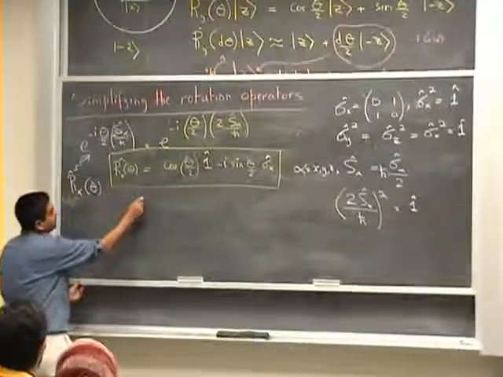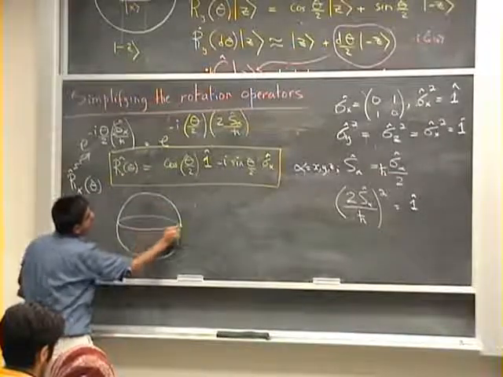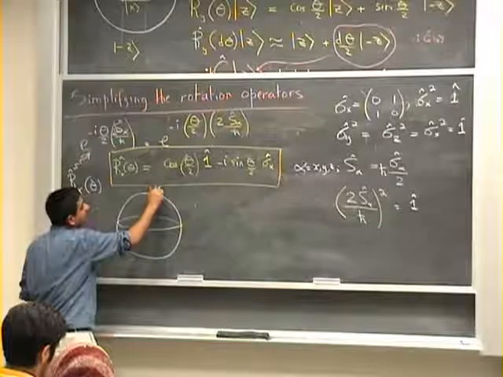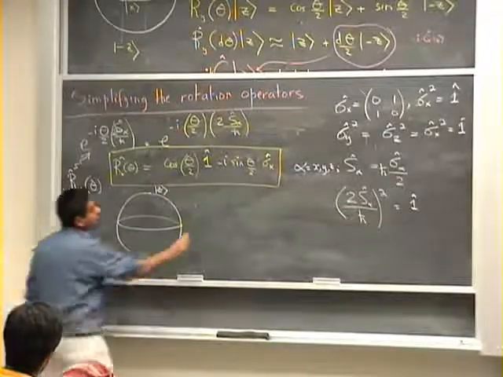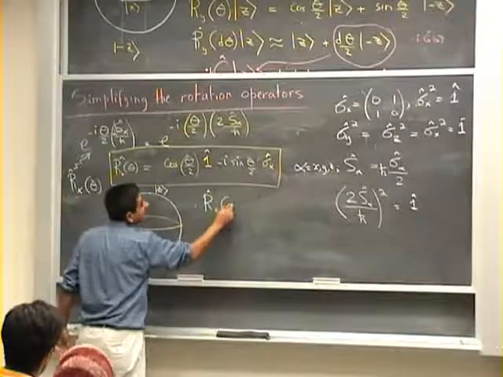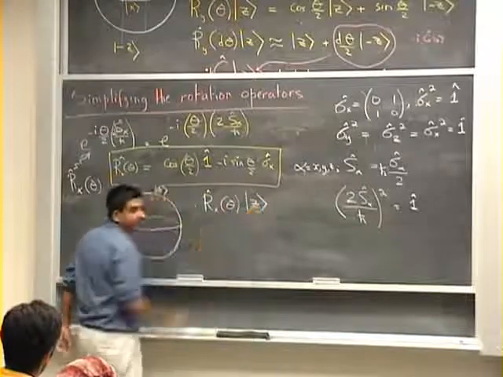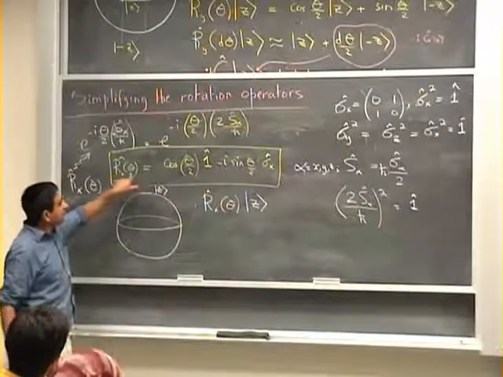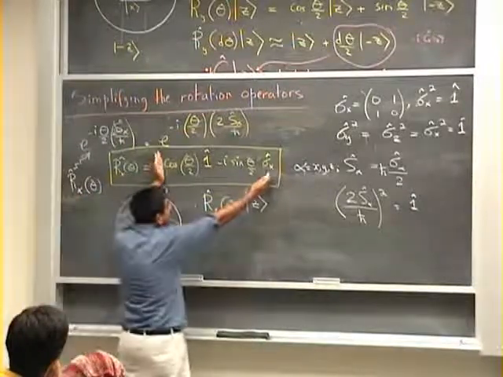Let's take the Bloch sphere. The initial state is kept at z. Now I do a rotation r x through an angle theta on the state z. My rotation operator, or the unitary operator corresponding to rotation, is given by this.